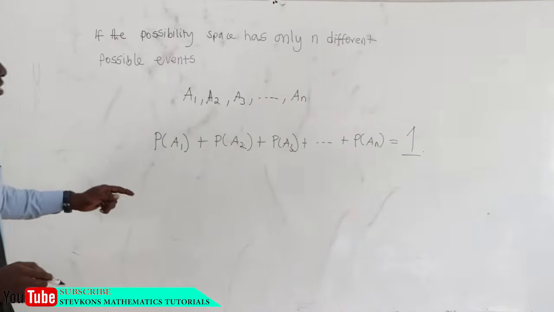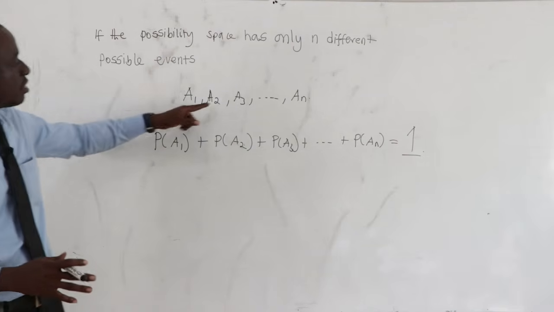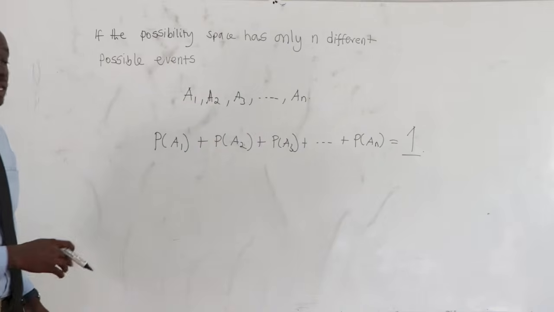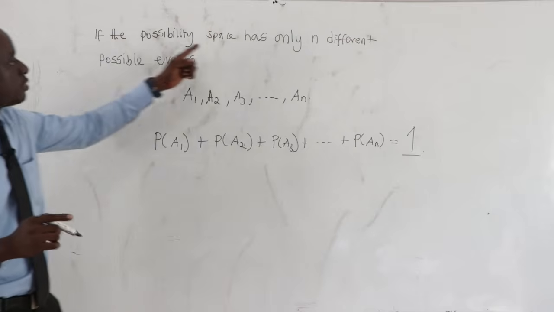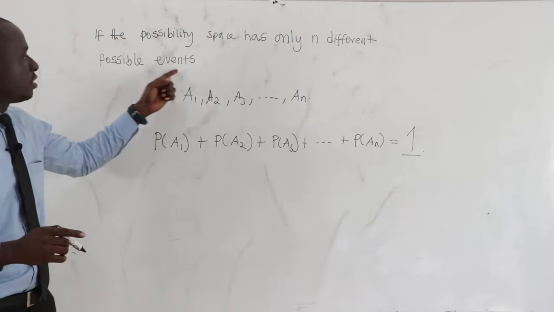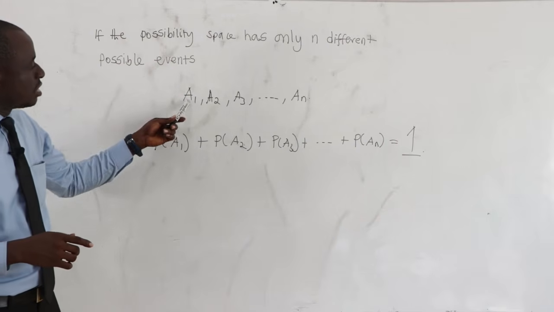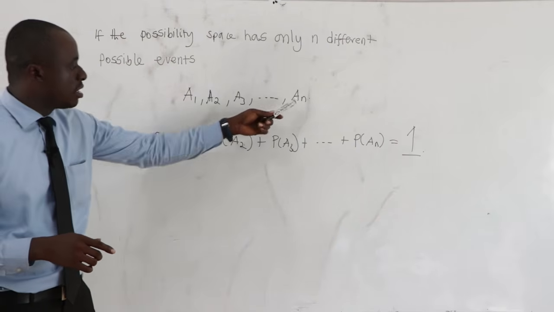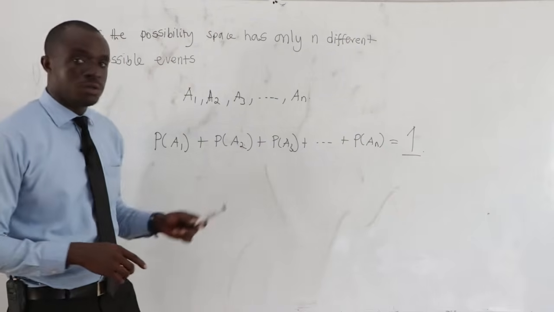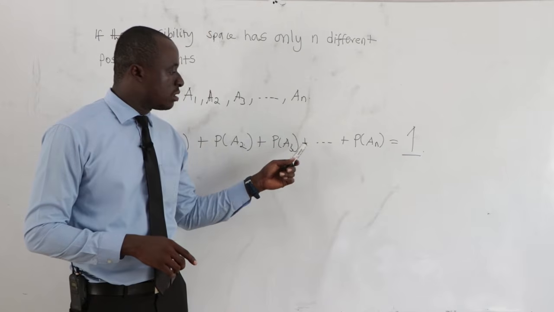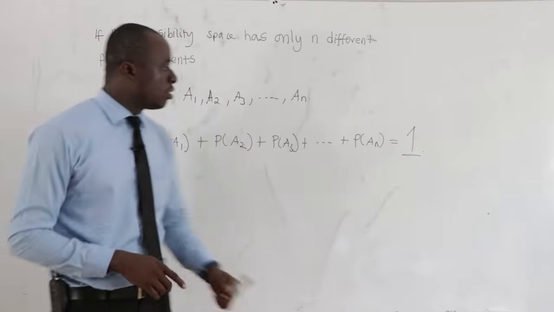That is, if in a particular experiment we have events A1, A2, A3 up to AN, we shouldn't forget that they are of the same experiment.